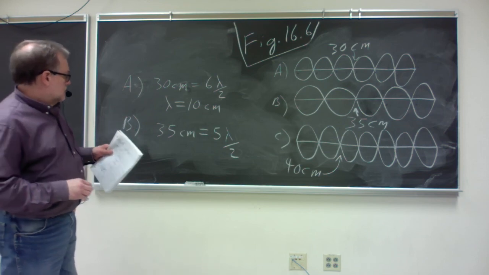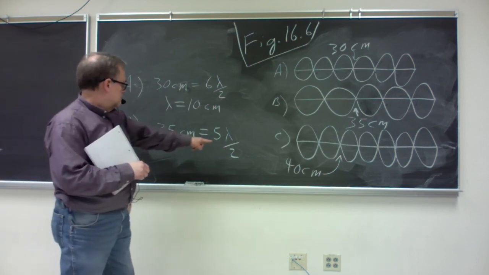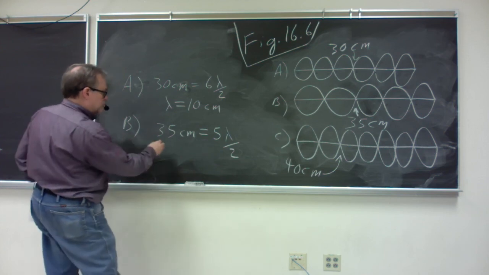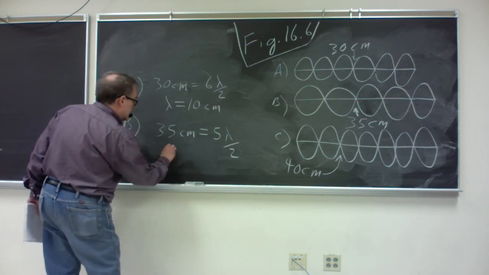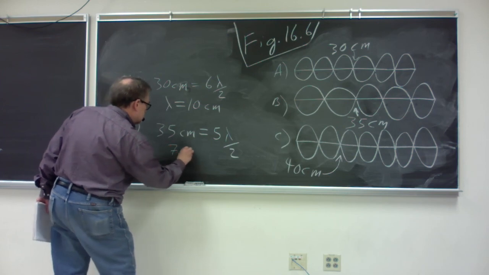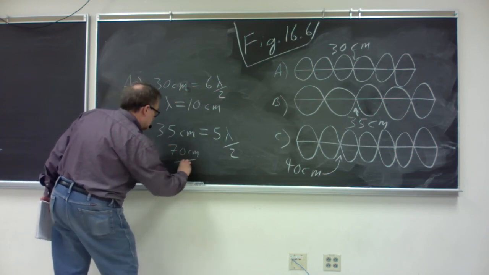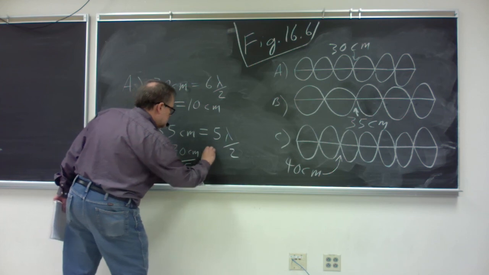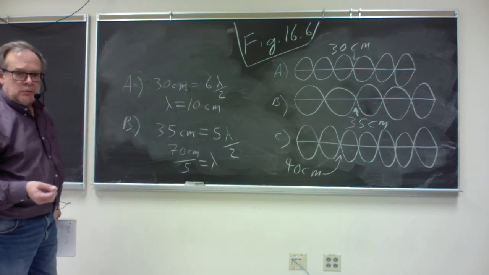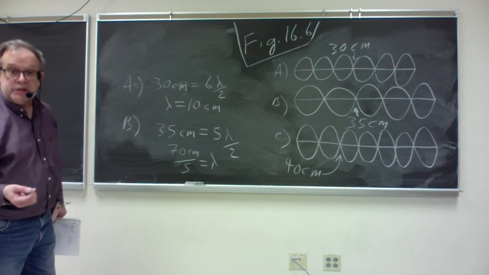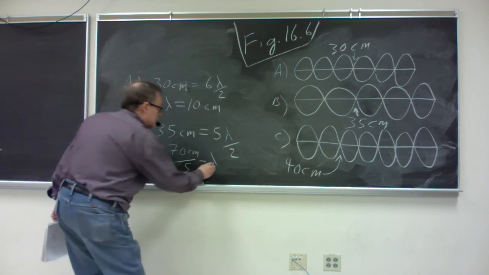Let's do that algebra here. Multiply both sides by 2, and then divide by 5. So 70 centimeters divided by 5 is equal to 1 wavelength. That means 1 wavelength will be 14 centimeters.